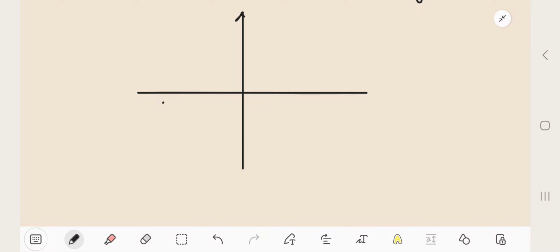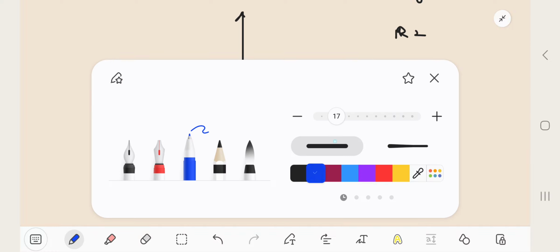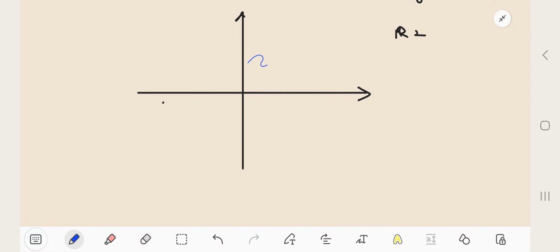If I consider R2 again, and a random lattice, suppose this is the fundamental domain of the lattice, and suppose this is a lattice point. Clear, it will be like this.